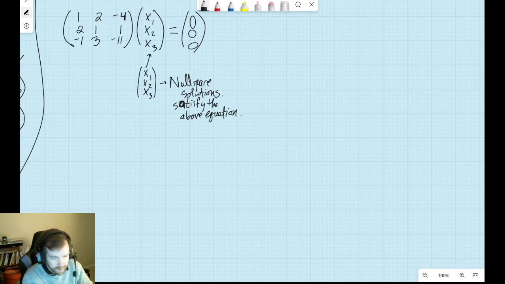Alright, I just wanted to make sure of something. So, one way to get the null space solutions is to just solve for x1, x2, x3 as is. So you can get some sort of solution which is going to come up with these particular values to get 0, 0, 0.